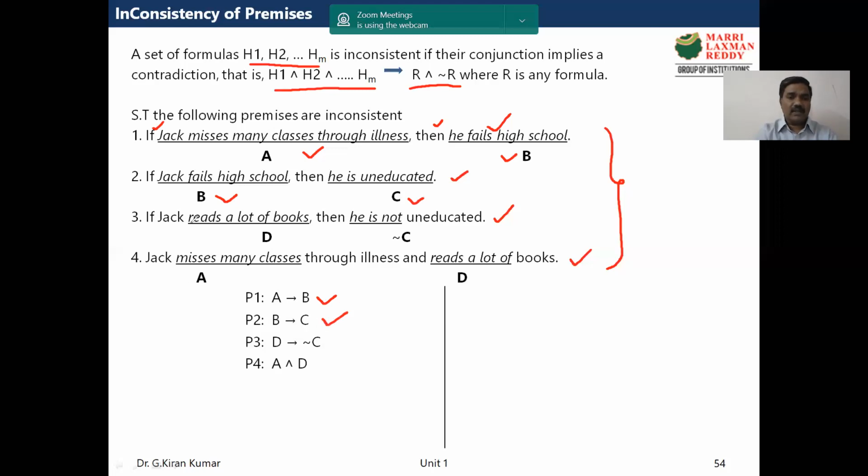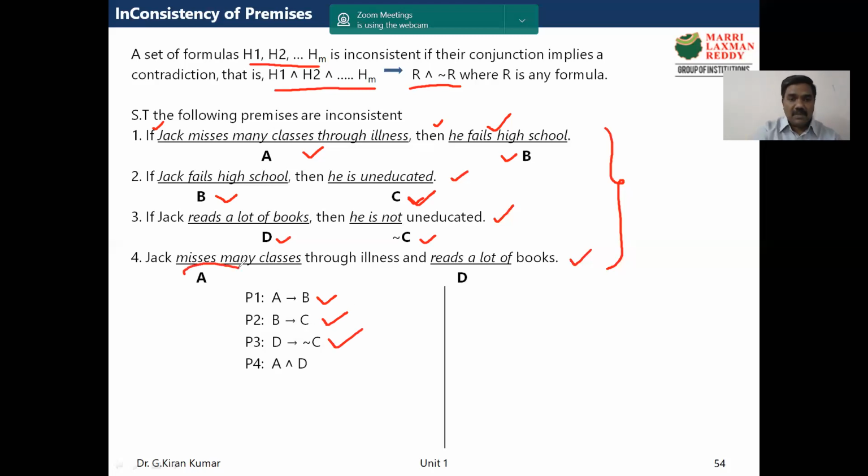Now let us see the third one. Jock reads a lot of books. It's a new proposition, so I have taken a new variable, D. Then he is not uneducated. We already assumed uneducated as C, so he is not uneducated will be negation of C. Thus the third premise becomes D implies negation of C. Then what is the fourth one?